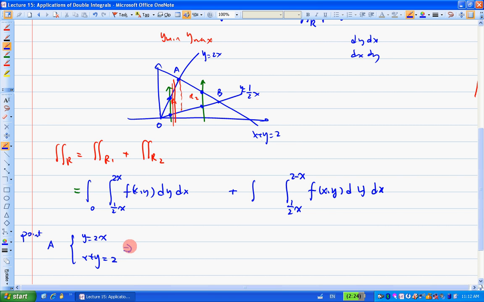That's an easy solve. Plug the 2x into the second one, so 3x equals 2. So x equal to 1, was that right? No. x is equal to 2 over 3, right? And y equal to 2x, so 4 over 3. Which means my x min for the first integral would be 2 over 3.